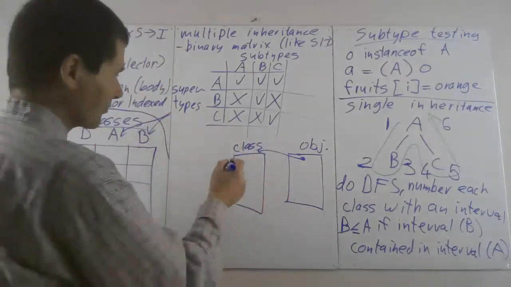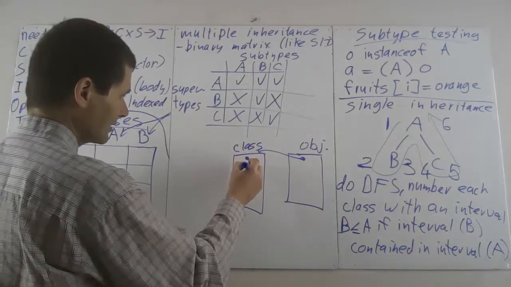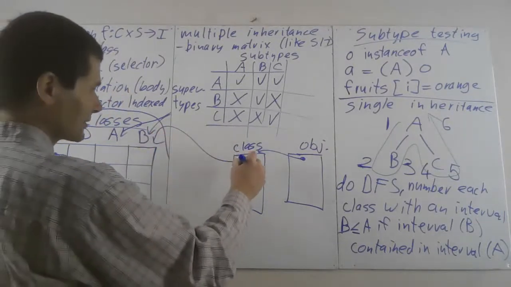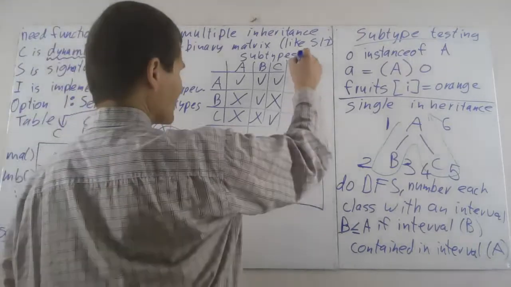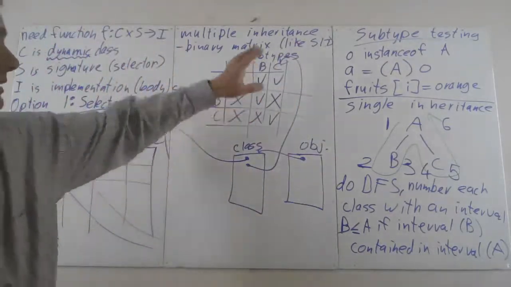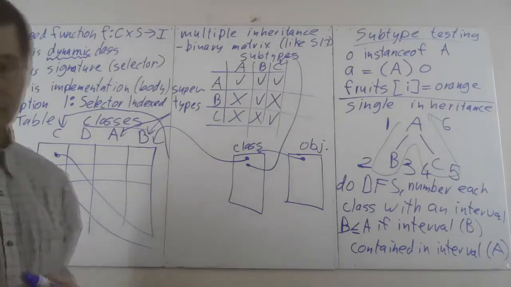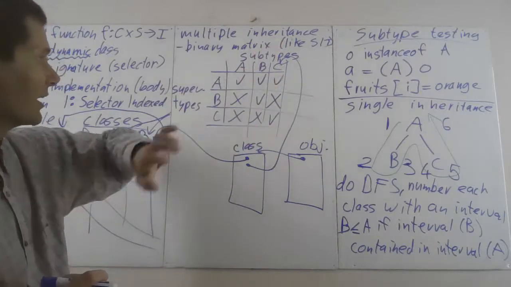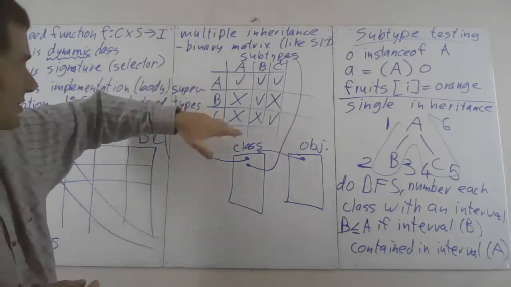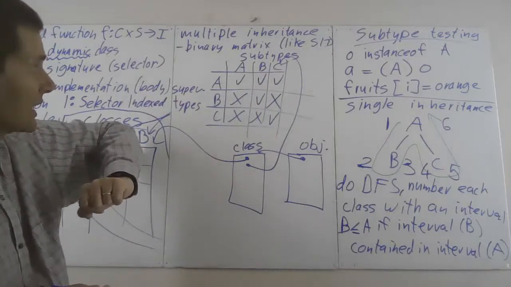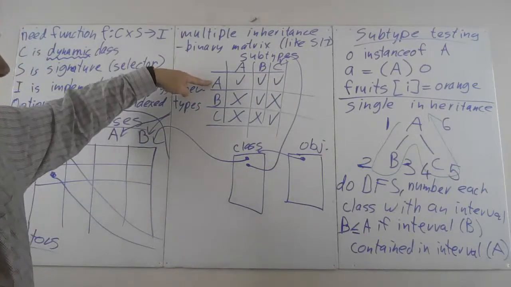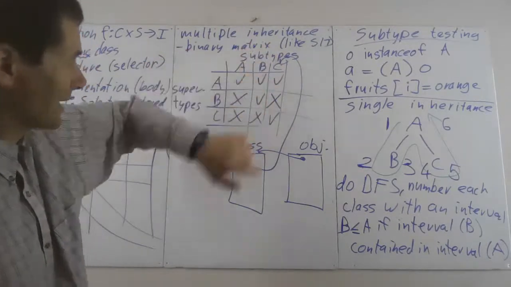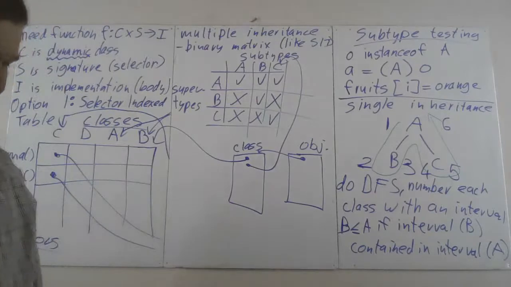So just like before, the class had a pointer to the selector index table column, I will similarly put a pointer to the column in this binary subtype testing matrix. Okay, so that way, every class knows its column, and if I want to check, is the class of my object a subtype of, say, type A, then I'm going to take the offset of type A and look it up at that offset in this column.